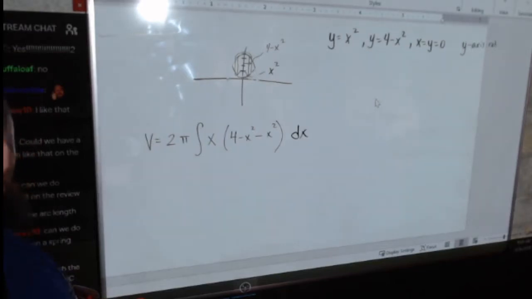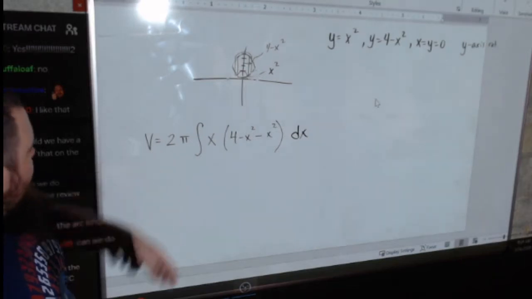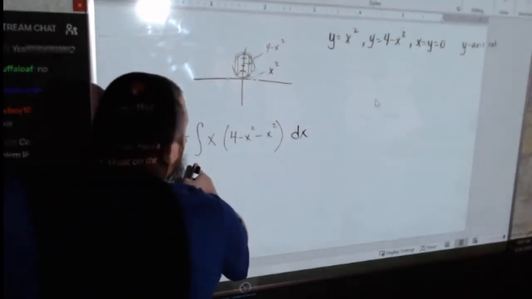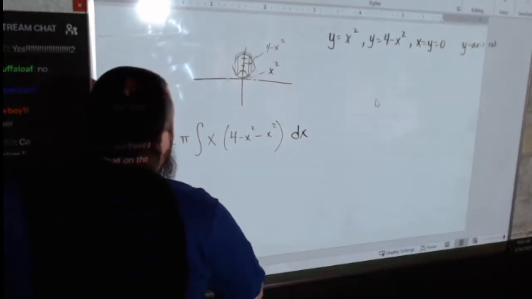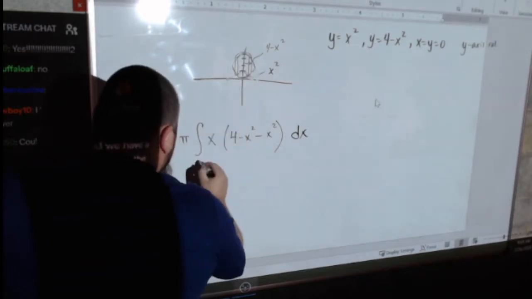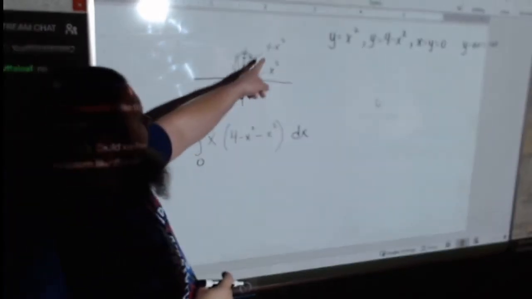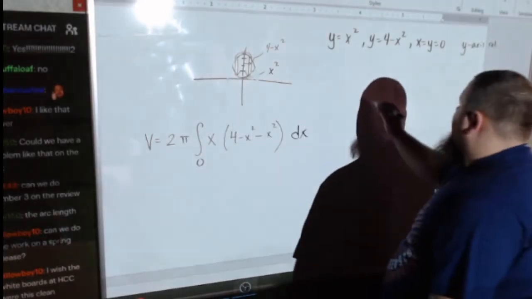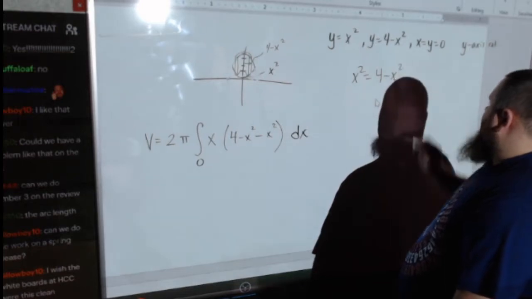So the hard part of the problem is really setting this up. The integration here is not hard. And then our bounds we would need to find. Because we went around the y-axis, we have an x equal y equals 0. Our first bound is x equals 0. But we need to find this point when these two equations are equal. So that would be when x squared equals 4 minus x squared.